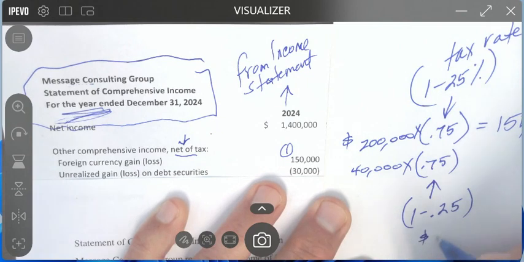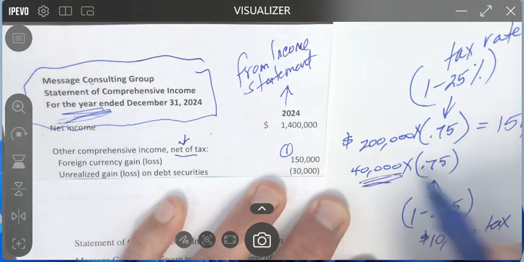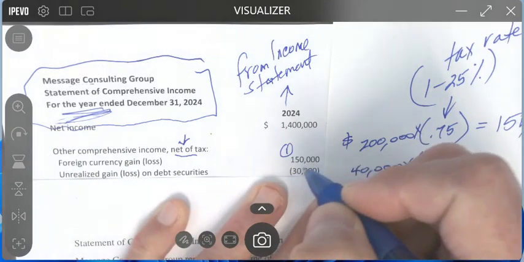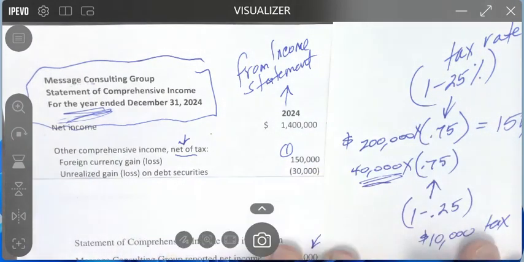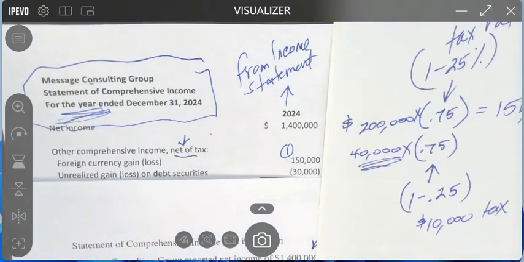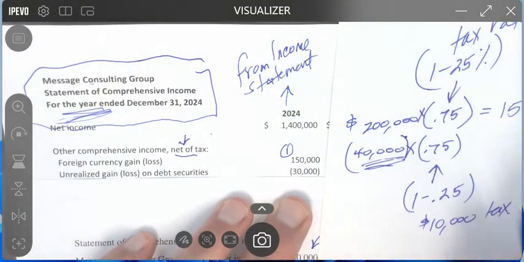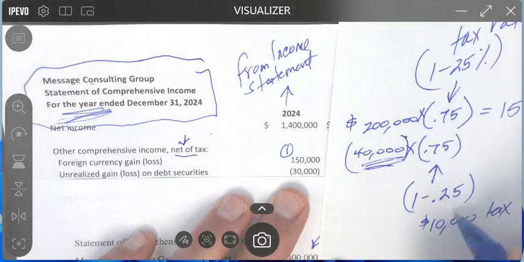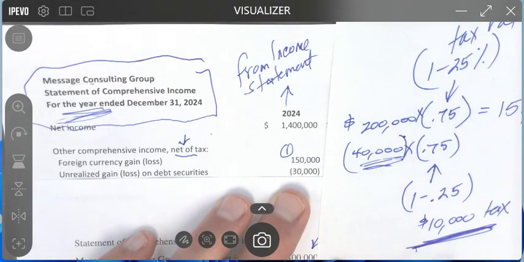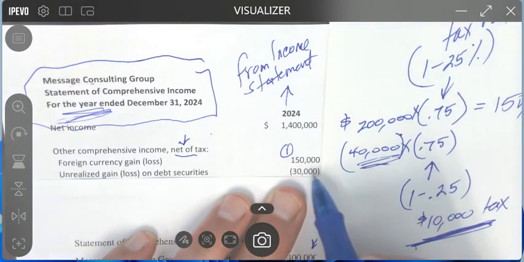And so we paid tax of $10,000 on that $40,000 gain, and the net unrealized loss, in this case, it was an unrealized loss. So this is actually a $40,000 loss, which saved us $10,000 of tax. And so the net loss is only $30,000.